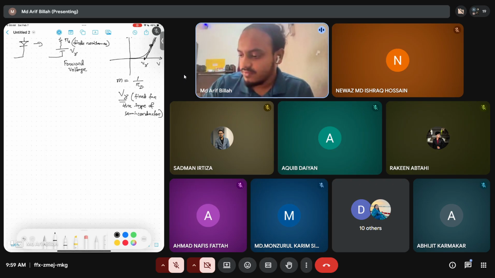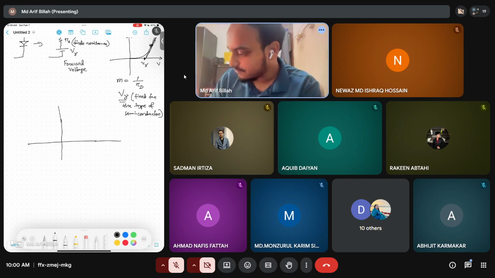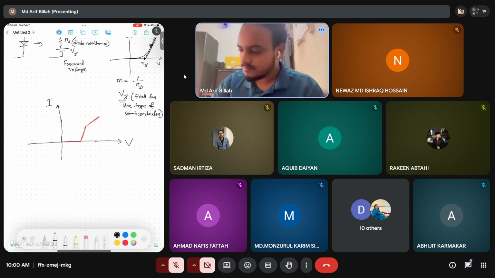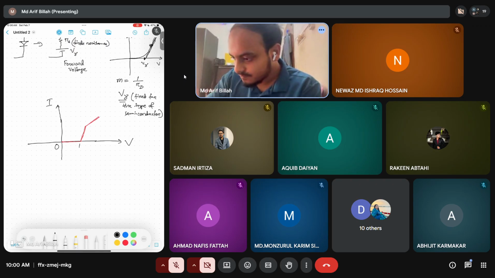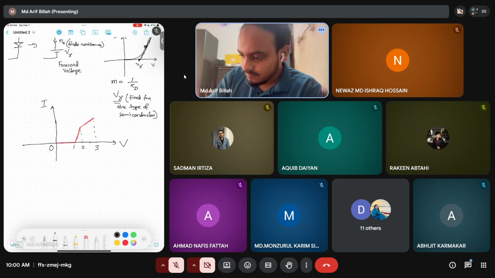Now if I give you this plot, with I and V, with V axis values 0, 1, 2, 3, and this is 1, 1.5.